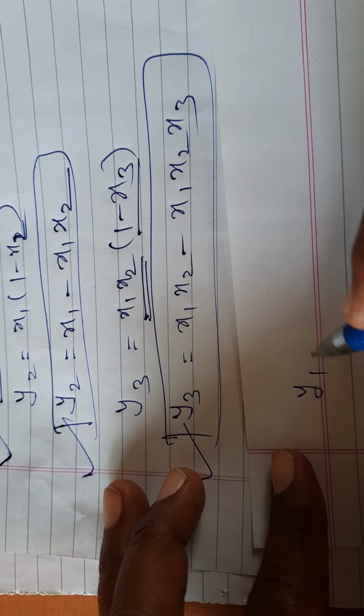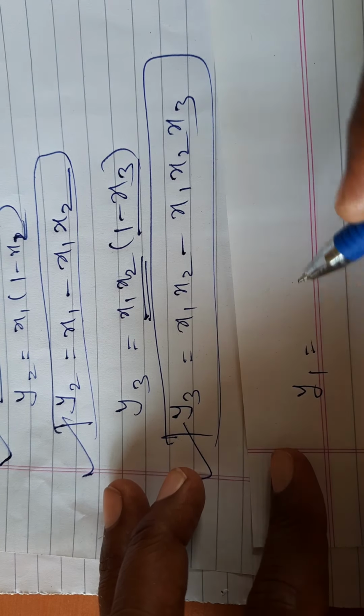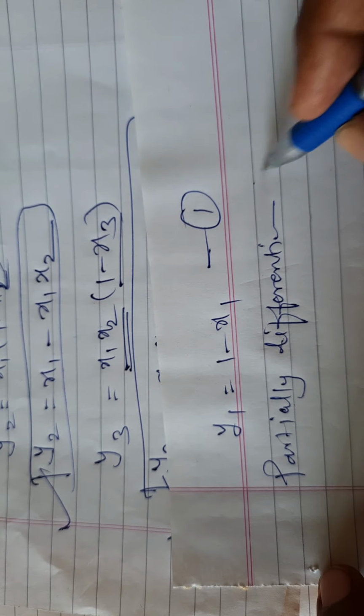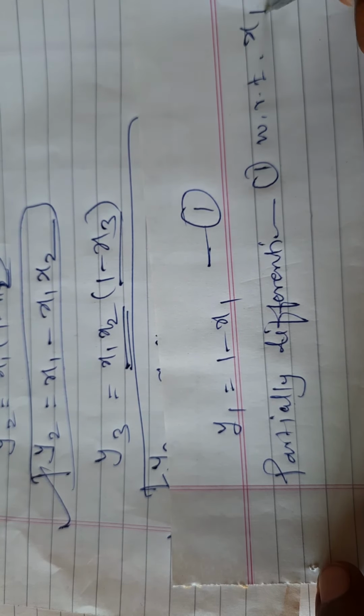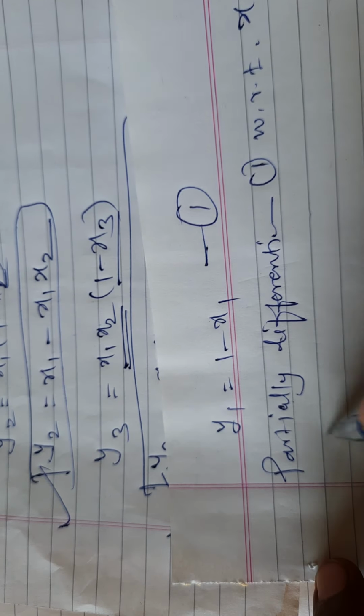Here y1 is 1 minus x1. Call this a. Partially differentiating with respect to x1, x2 and x3 respectively.